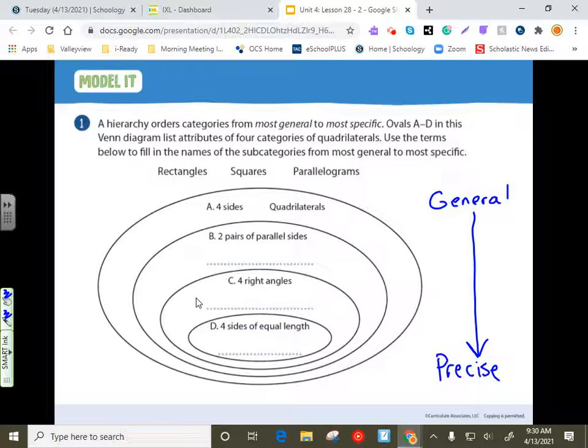So for this one, for example, if it's four sides, it's a quadrilateral. Let's get more specific. If that quadrilateral has two pairs of parallel sides, they are parallelograms.